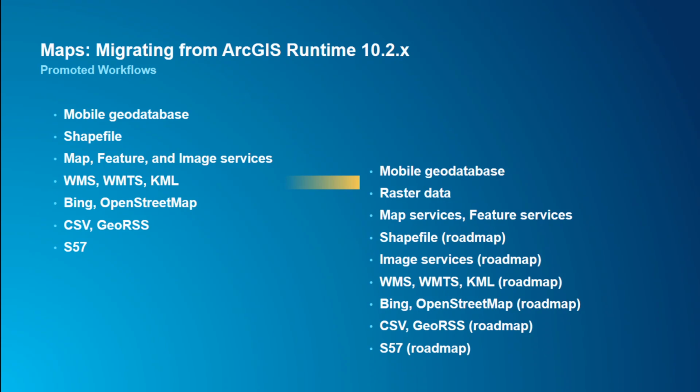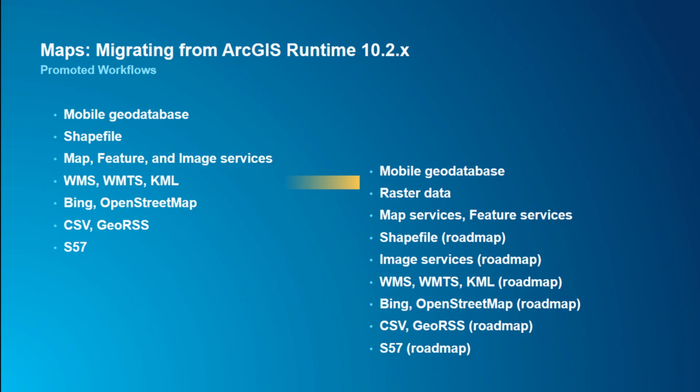Some of the SDKs supported that mobile geodatabase. Some supported shapefile. We had map, feature, and image services. Also OGC, WMS, WMTS, KML, and some other tiled services, Bing and OpenStreetMap, CSV, GeoRSS, S57. So actually 10.2x supported a lot of formats.